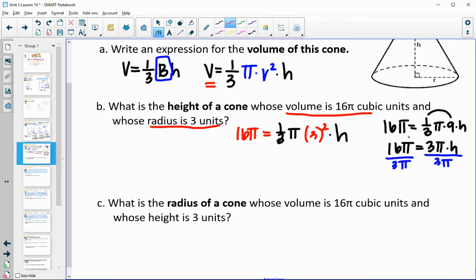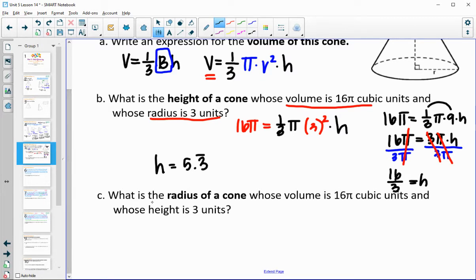So this pi will cancel, and then the 3's will cancel. So we'll just get 16 divided by 3 equals h. And you could divide that in your calculator and get that h equals 5.3 repeating. So if it wanted it to the nearest tenth, you could do that.